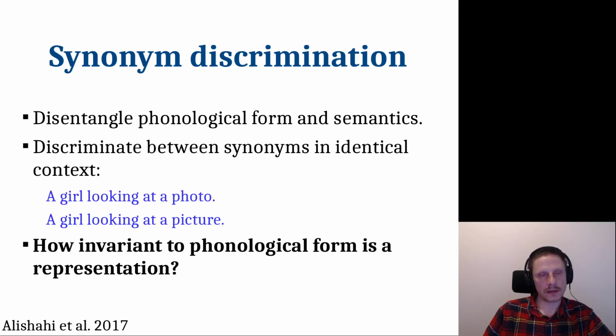We will extract the representations from utterances such as these, and then we will train a classifier, or a series of classifiers, for each pair of synonyms, and we will see how easy it is to distinguish them for representations extracted from the different layers of the model. This particular analysis was done by Ali Shahi et al., 2017.